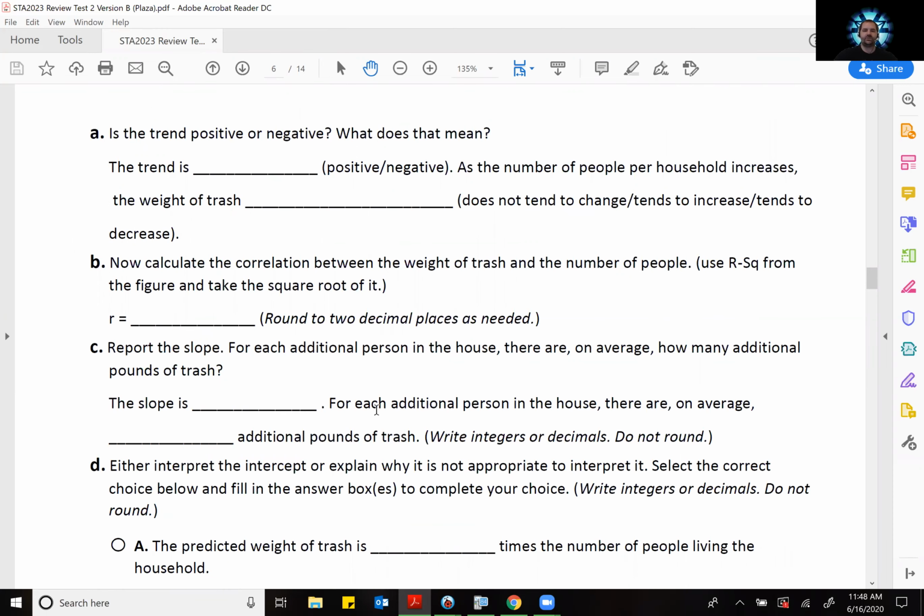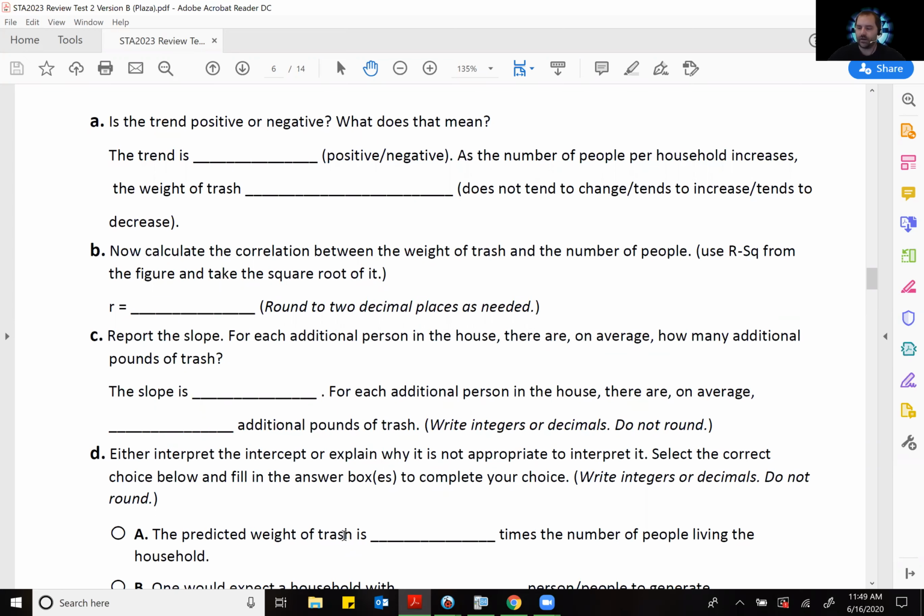For each additional person in the house, there are, on average, blank additional pounds of trash. What goes in the second blank? The first number again, 9.58. Because as we add a person, the pounds of trash should go up 9.58 pounds on average.